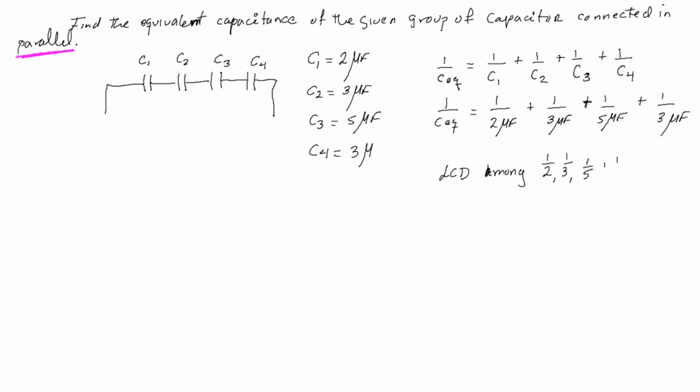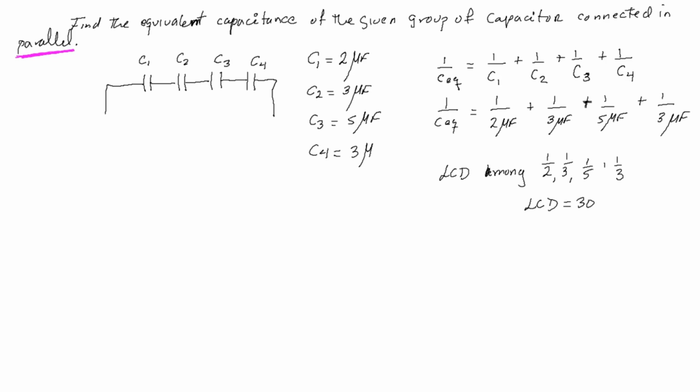The least common denominator between all those numbers is 30. So 30 is the smallest number divisible by all those denominators. If I want to add all those fractions, I have to have the same denominator, and that least common denominator here would be 30.